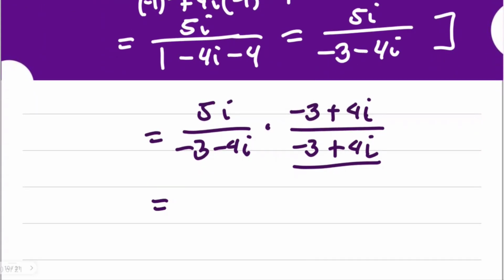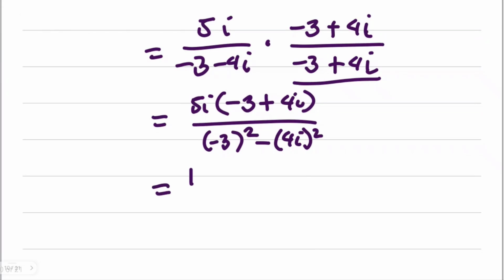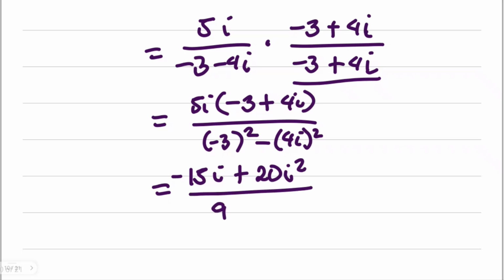So that's actually 5i times -3 plus 4i. And you will have here a difference of two squares: the square of the first term minus the square of the second term. This gives us -15i plus 20i squared all over 9 minus 16i squared.